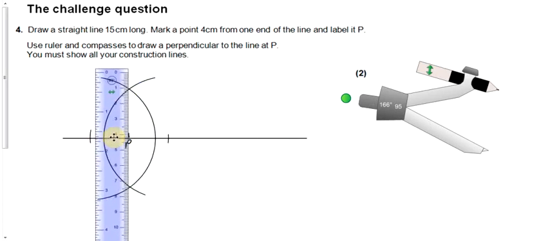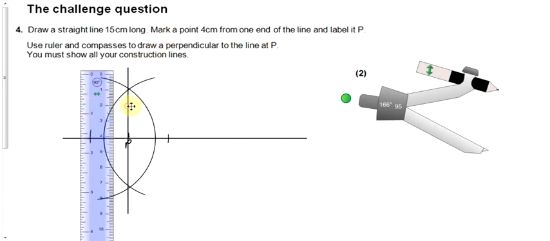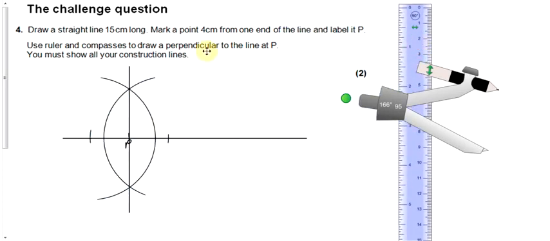Just like that, and we carry it on a bit. Of course, this is a joy of computers. And there we are, that's our perpendicular. So, hope you're successful with that, and keep revising, don't worry, it's worth it in the end.